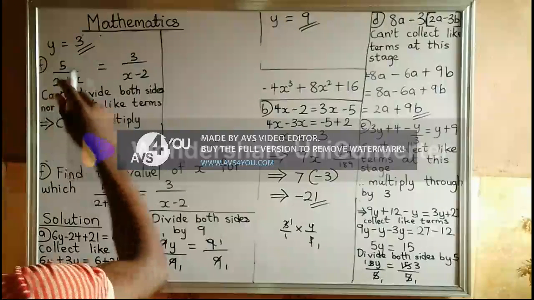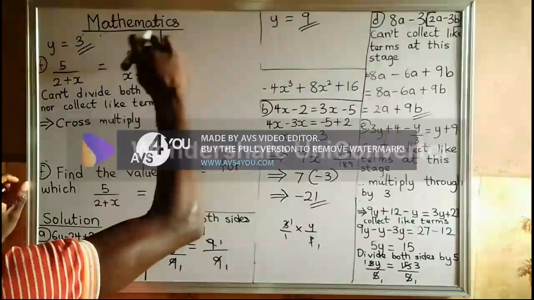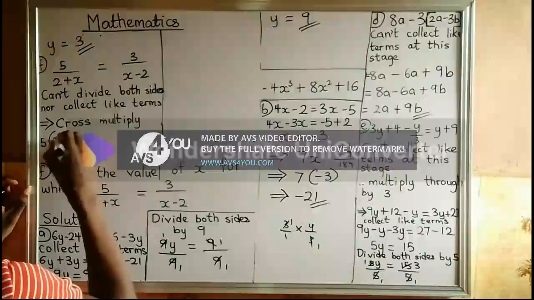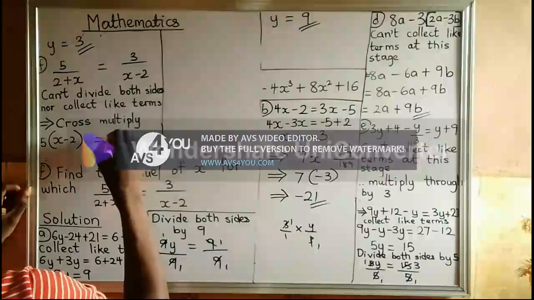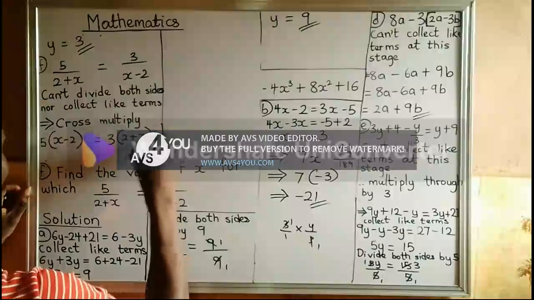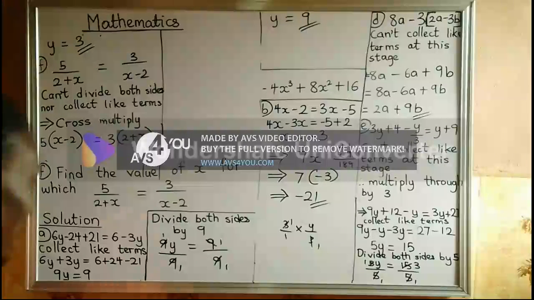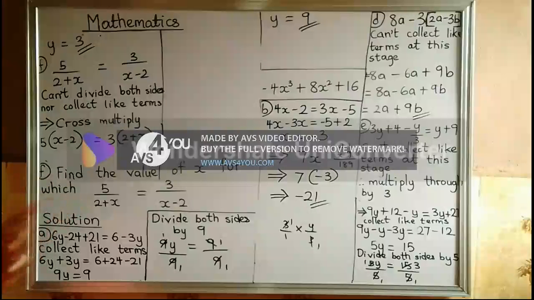Okay, so if you cross multiply, it means 5 multiplied by x minus 2 equals 3 multiplied by 2 plus x. I've actually utilized another principle we'll later consider here, and that's the principle of the use of brackets.